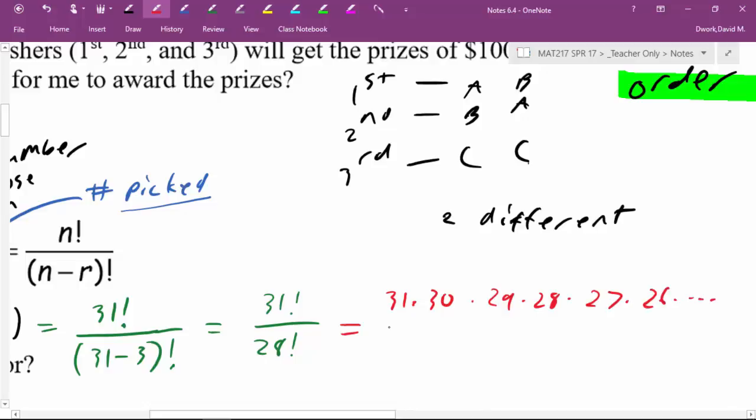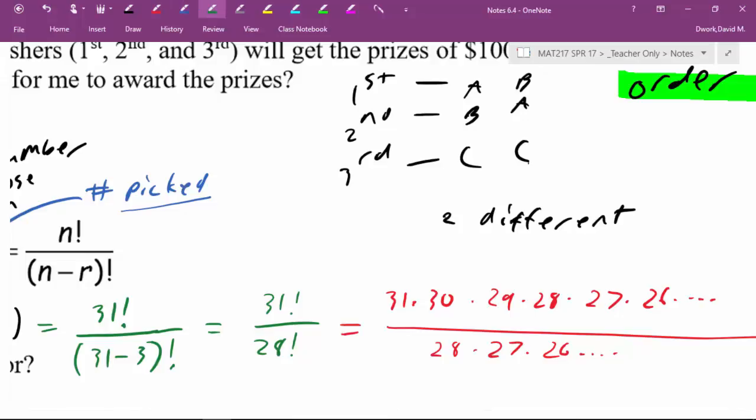I'm stopping. Okay. Now the denominator, what I'm going to point out is 28 times 27 times 26, right? Well, what's going to happen here if you think about division is the 28 will divide with the 28, the 27 will divide with the 27, the 26 will divide with the 26, and so on and so forth. So these will all divide away.